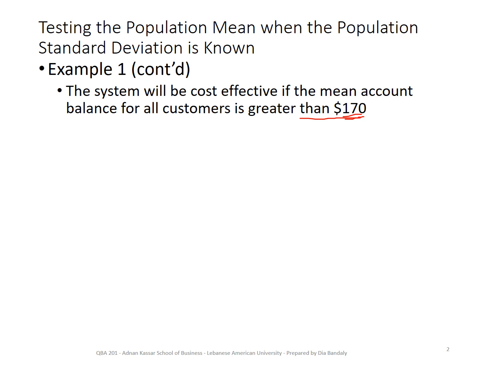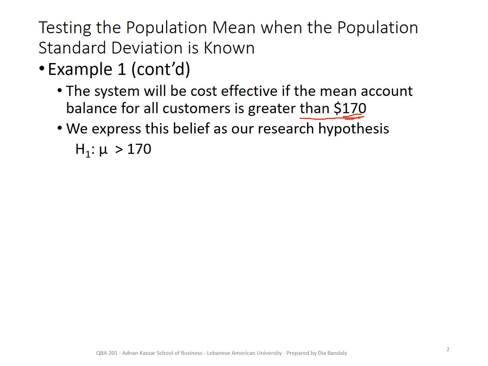So now we are able to develop the hypothesis. My research question, the managerial question in this case, is what? I need to make a decision whether to buy that system or not. Is mu greater than 170, right? So this is my alternative hypothesis. It represents the question that the manager or the researcher has in mind.